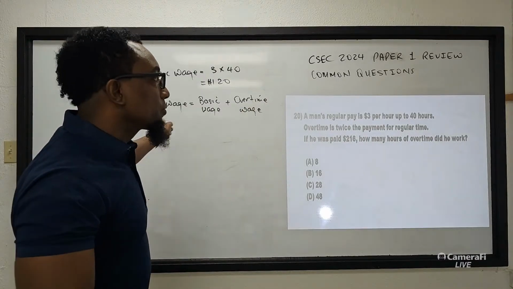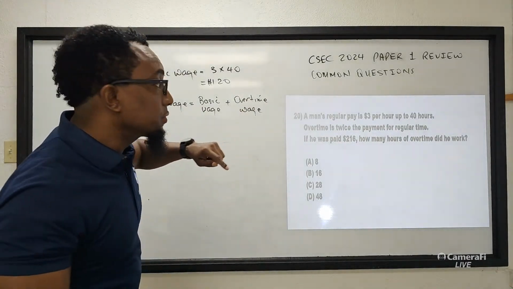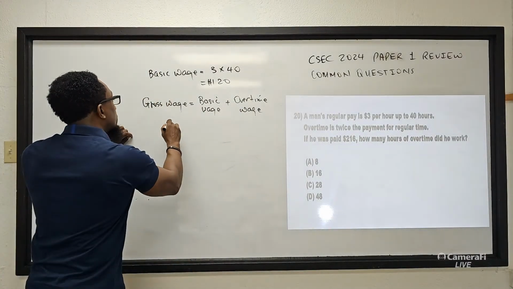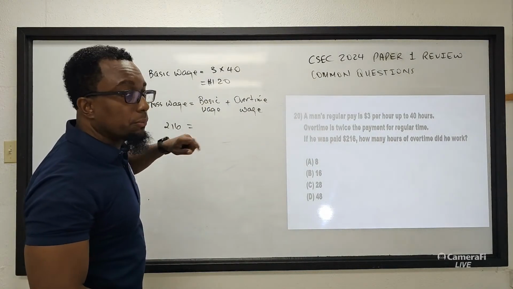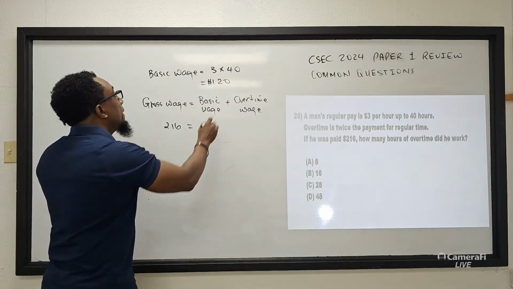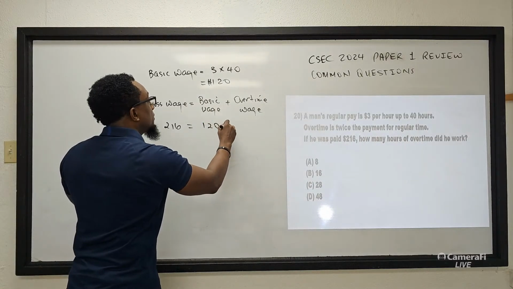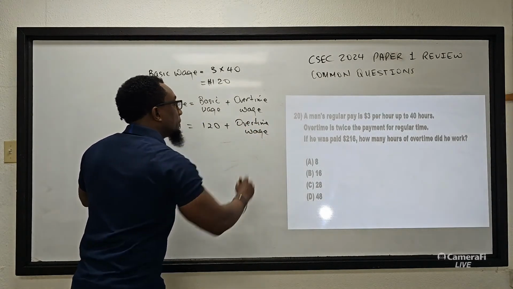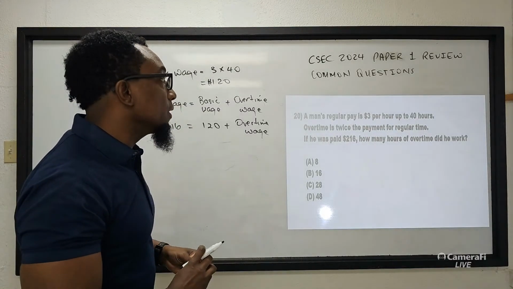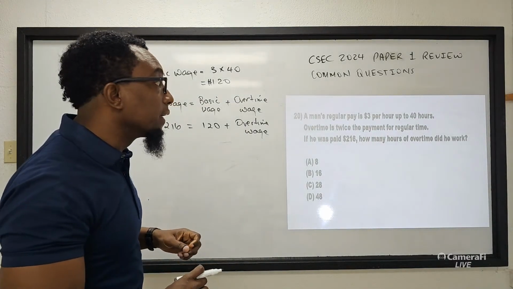Right? So this man's gross wage, he was paid $216. That's a combination of the two wages. The overtime wage and the basic wage will make up your gross wage. His basic wage is $120. So let's work out what's the overtime wage, because when we work on the overtime wage, we can determine how many hours he was paid for working overtime.